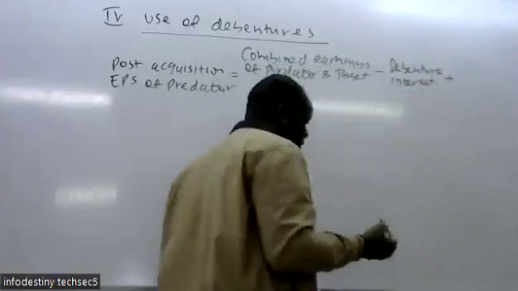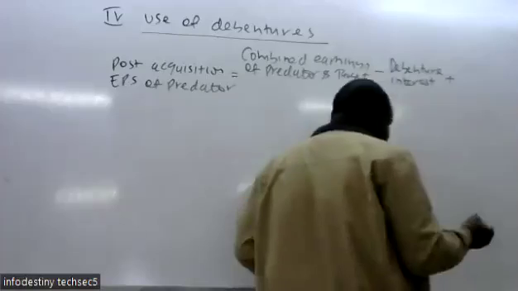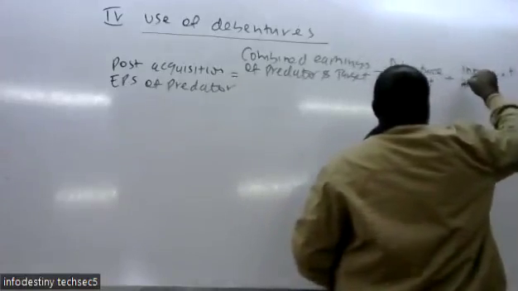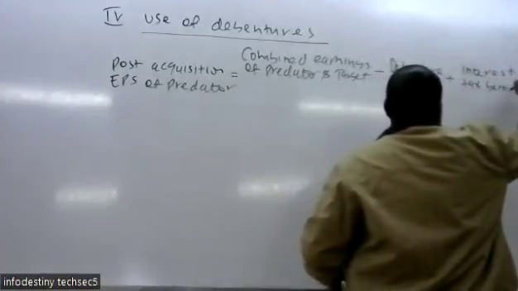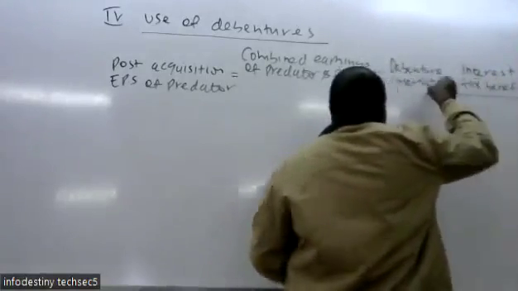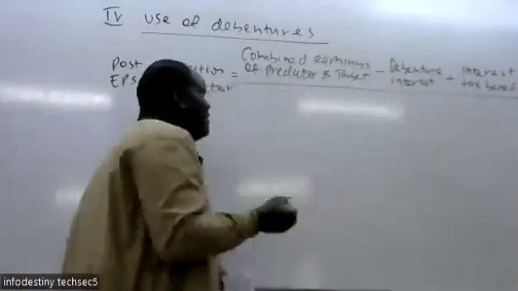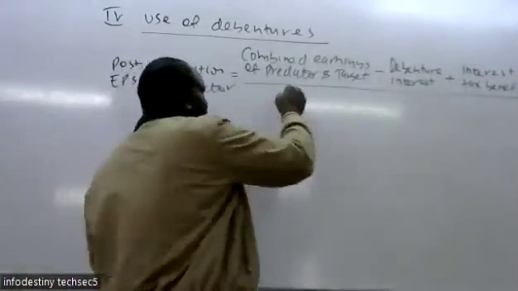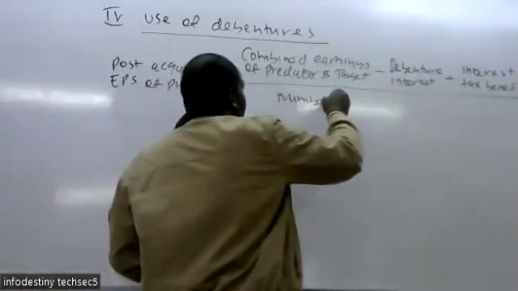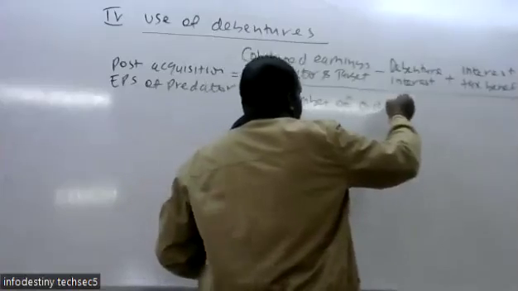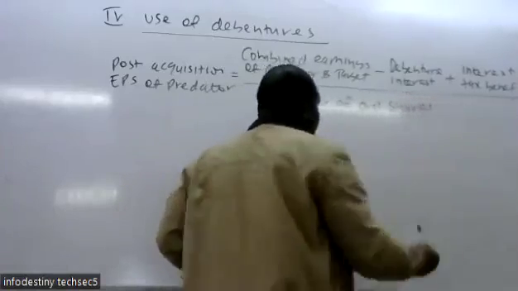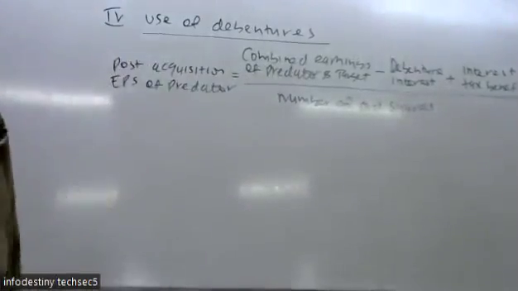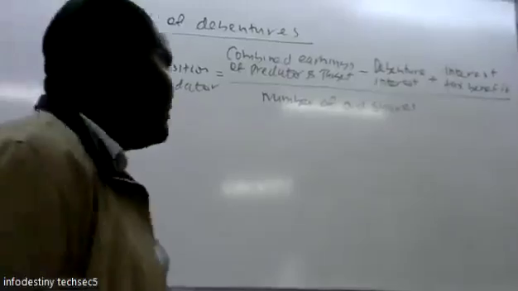Then we add interest tax benefit. Then we divide by the number of the ordinary shares of the predator.